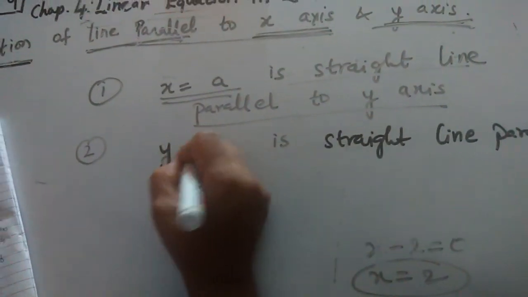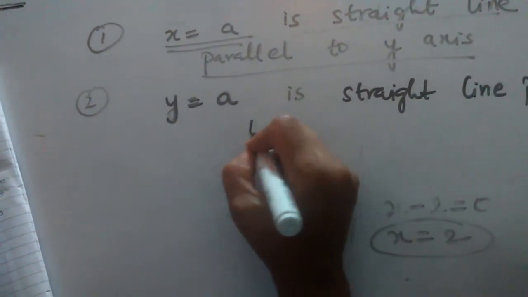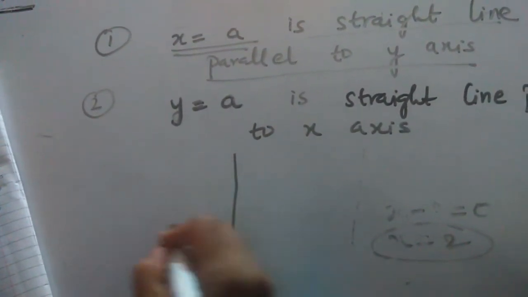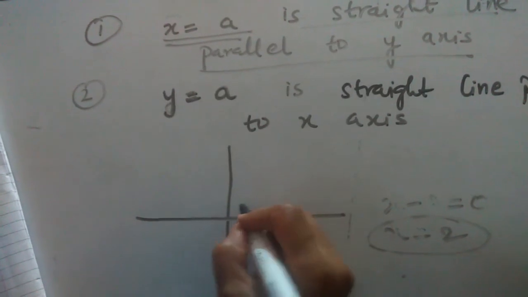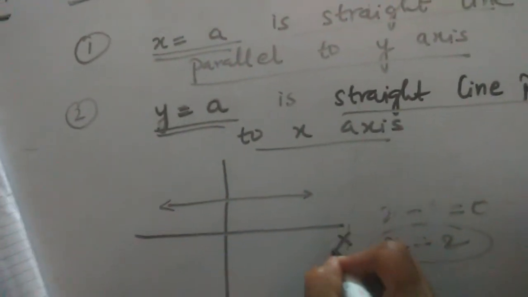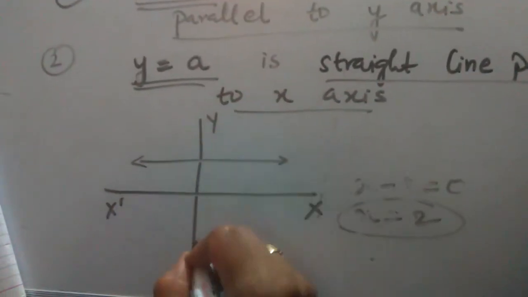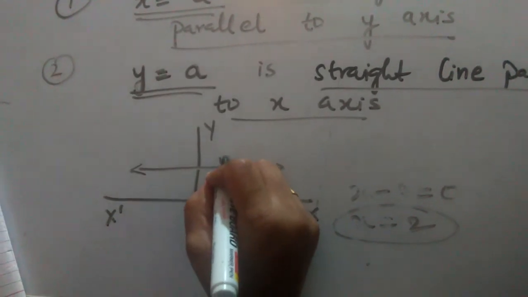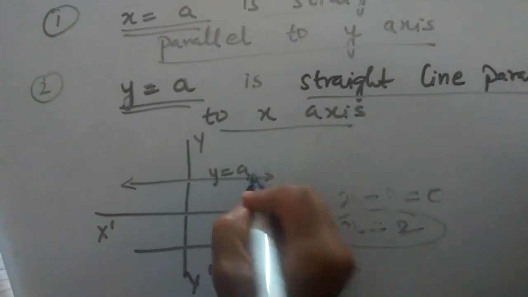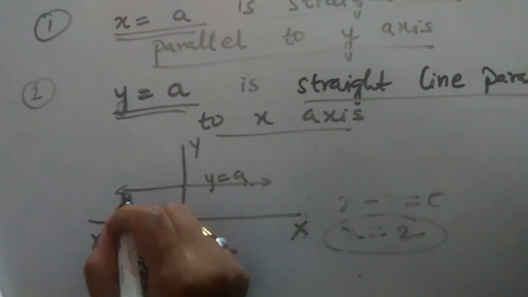Y is equal to a means it is a straight line parallel to the x-axis. So it will be like this. This is my x-axis, right? This is my y-axis. So this is y is equal to a, a straight line depending upon the value of a, right? So we are done with this chapter of linear equations in two variables.